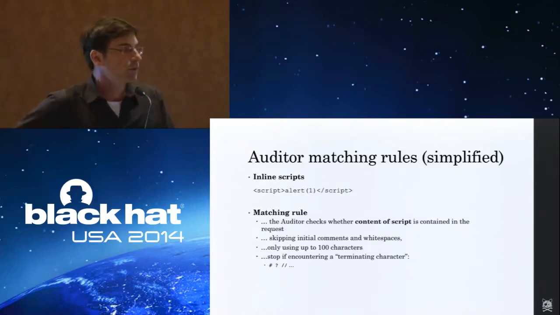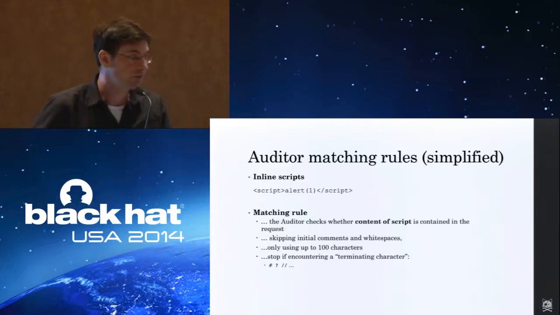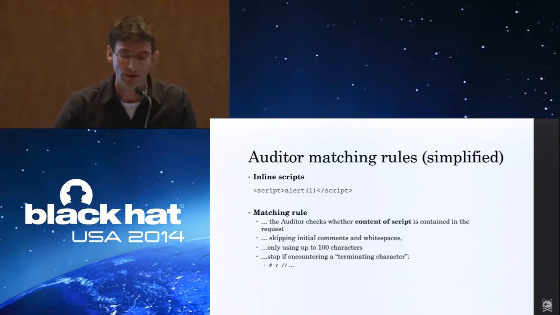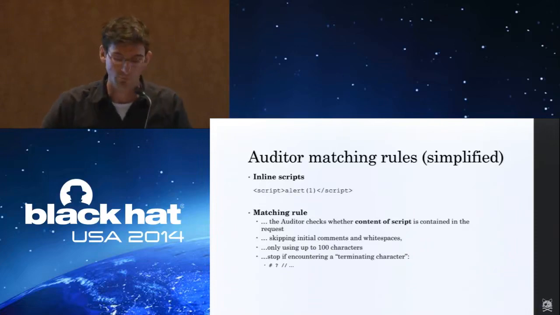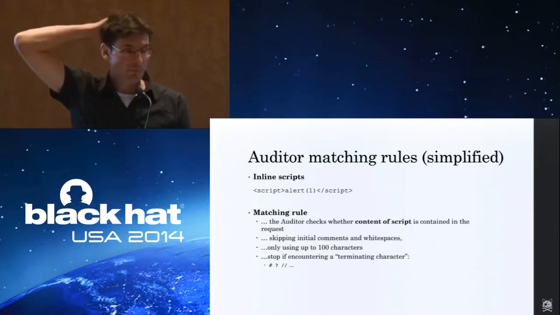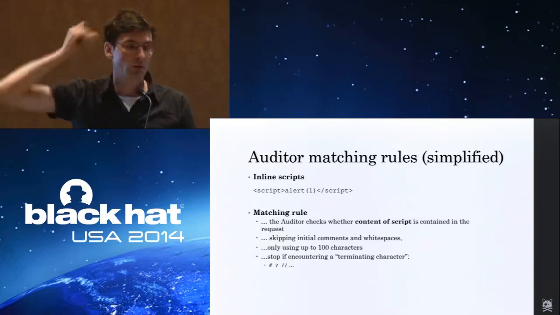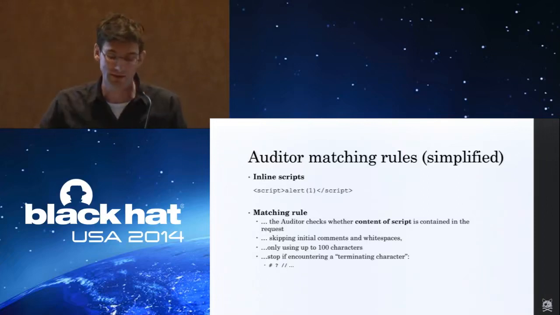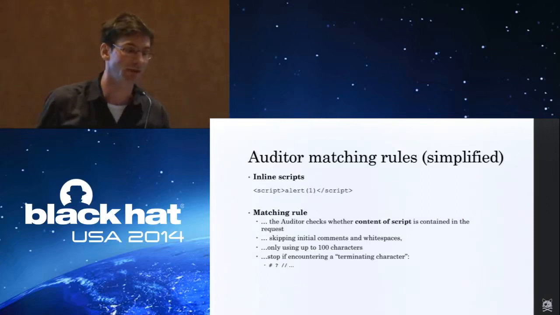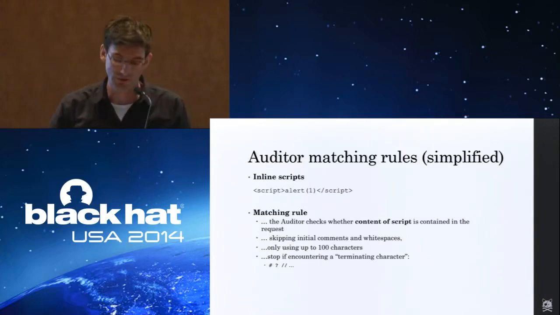So let's quickly go over 3 slides of the matching rules, because as I told you, they differ for the various JavaScript contexts, and they're also the basis for some of the bypasses. So the most basic injection is injection of complete script tags. So you inject a script tag, you inject your JavaScript payload, and sometimes you even close the script tag, or actually in most cases you have to close this.